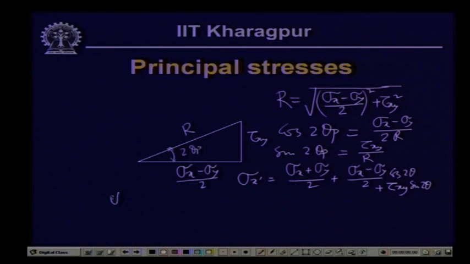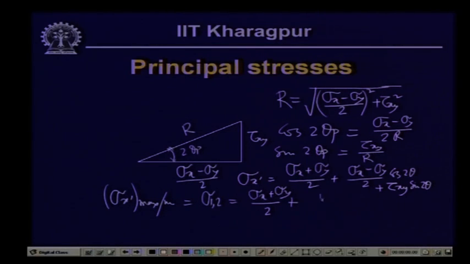So, sigma x dash maximum or minimum, which are nothing but the principal stresses sigma 1 or sigma 2, is equal to sigma x plus sigma y by 2 plus, in place of cos 2 theta p we write sigma x minus sigma y by twice r.